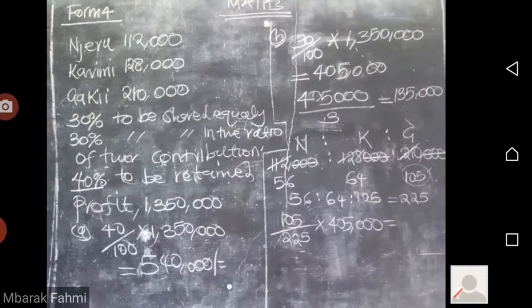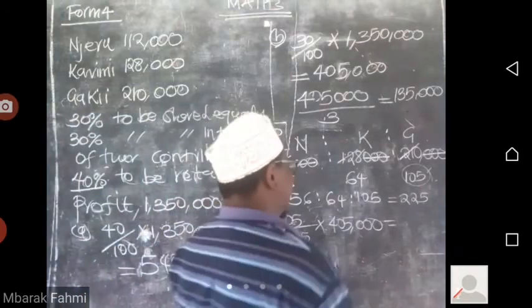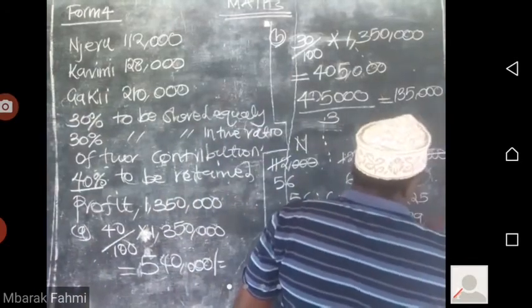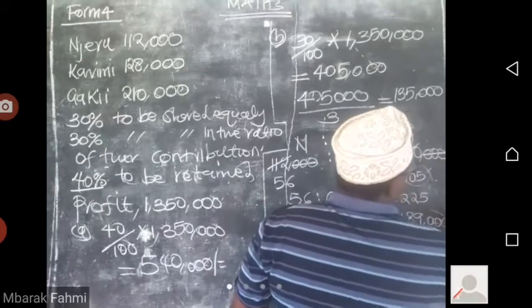So that is going to give us 105 over 225 times 405,000, which is 189,000.